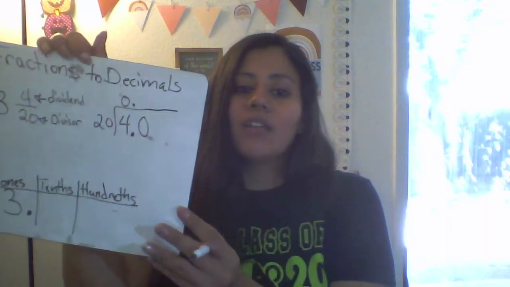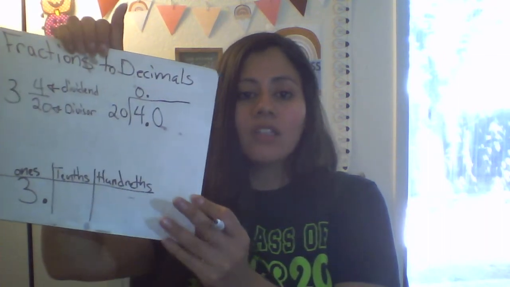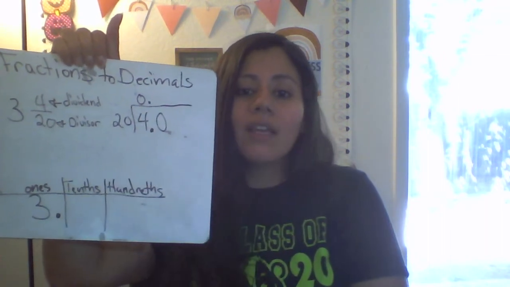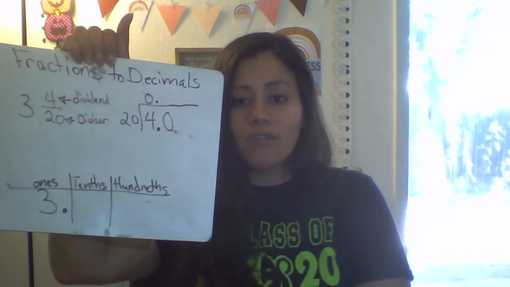So I'm going to add a 0. The cool thing about fractions and decimals is that you can add zeros and there's no remainder. So now how many times can 20 go into 40? Think of 2 times 4, and that would be 2 times. So 20 times 2 is 40, and you subtract, and you have nothing left over.